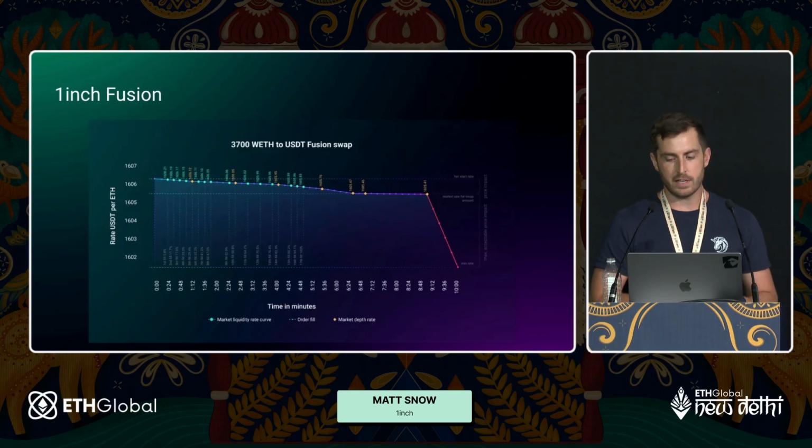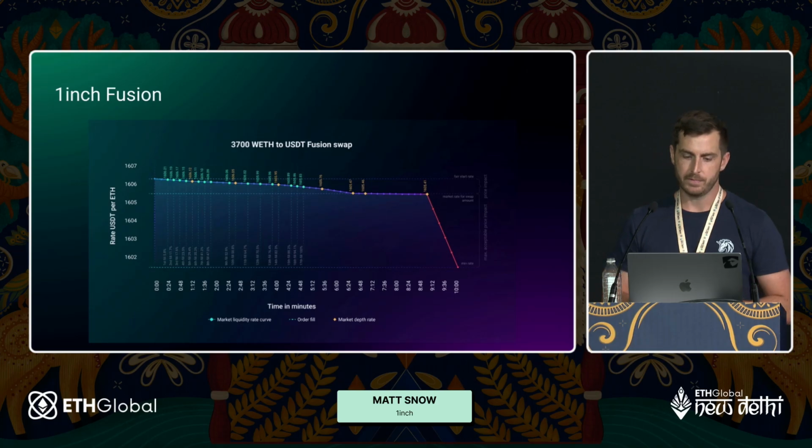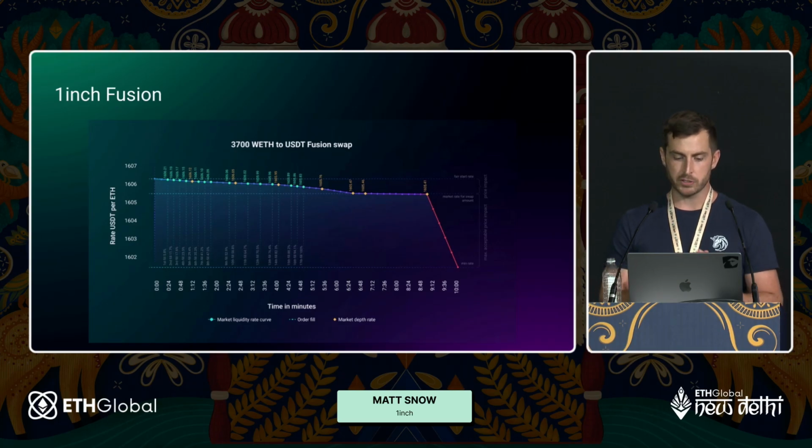So here is an actual example of a swap that happened, a very large swap for 3,700 wrapped Ethereum to USDT. You can see the line that's decreasing over time is the Dutch auction curve. The colored dots are the resolvers that are actually filling the order, and those are the fill points. As you can see, there are partial fills happening as the resolvers chip away at the order as it decreases over time.